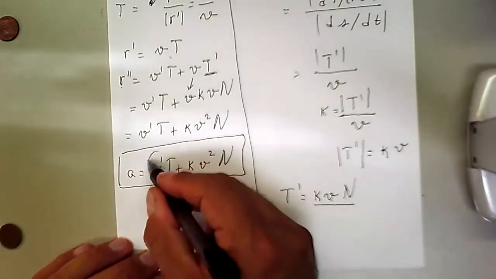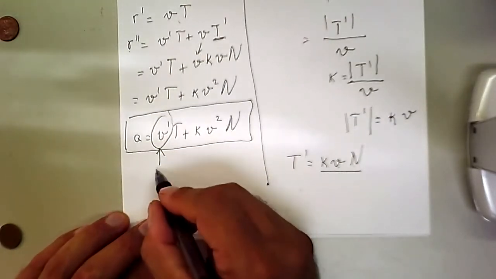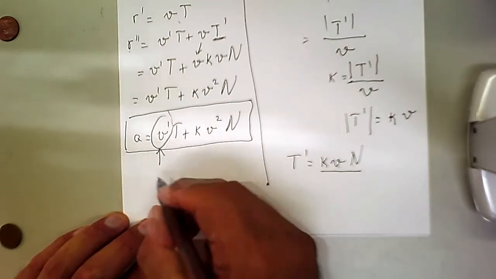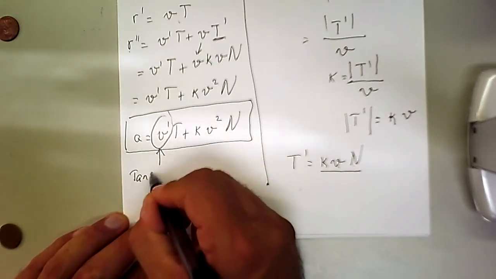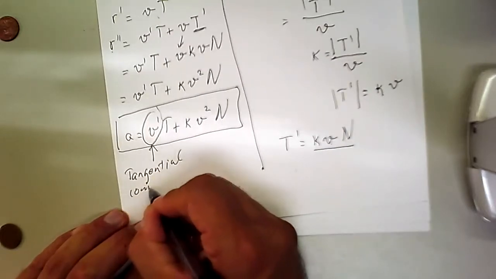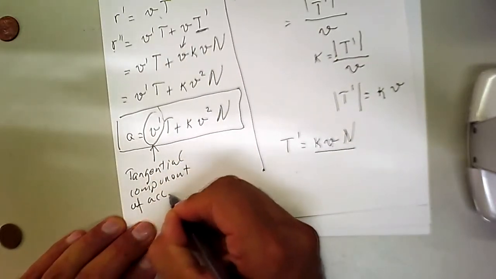This part here is called the tangential component of acceleration.